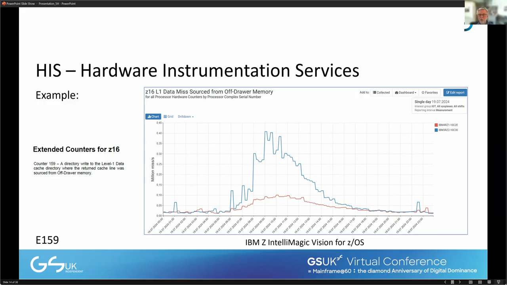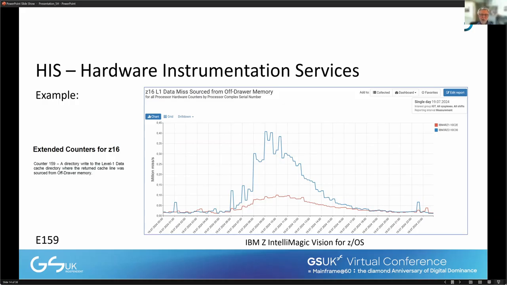The processor is obviously using these cycles to get that data. So you need to be aware of how many cache misses you have and where they're being sourced from, and how that's influencing the efficiency of your applications or of your workload. Just looking at this chart, we see one of these CECs, the blue one, is sourcing the level 1 cache misses from off-drawer memory. That's going to cost extra cycles. And that's the extended counter, 159, that's used to look at this data.